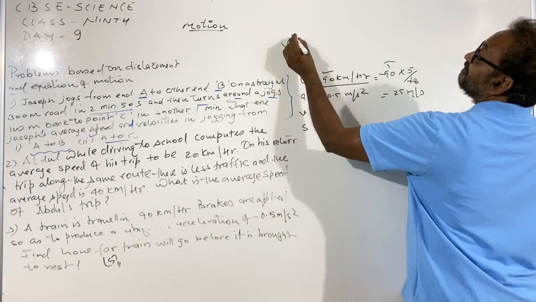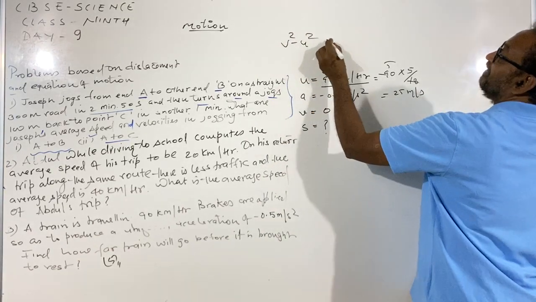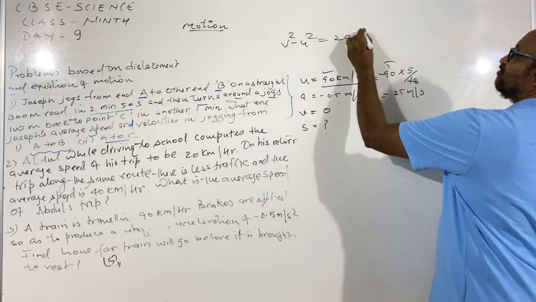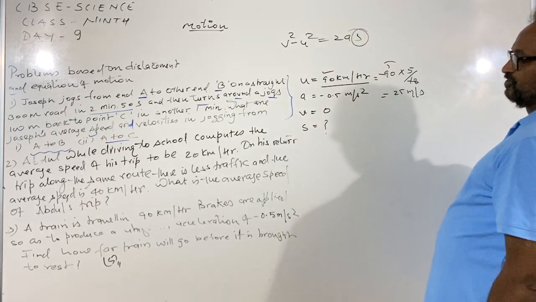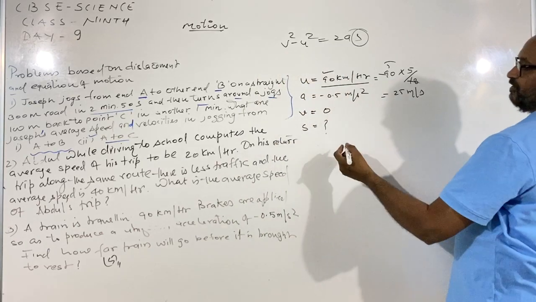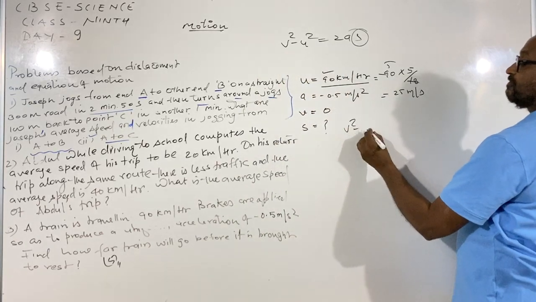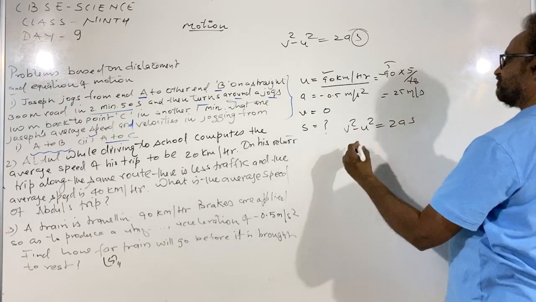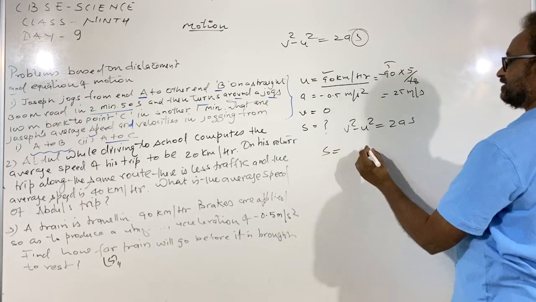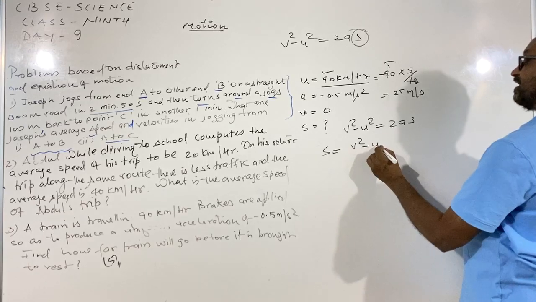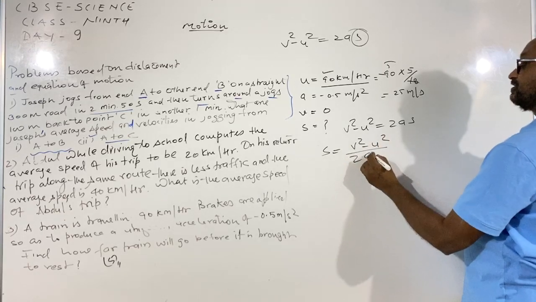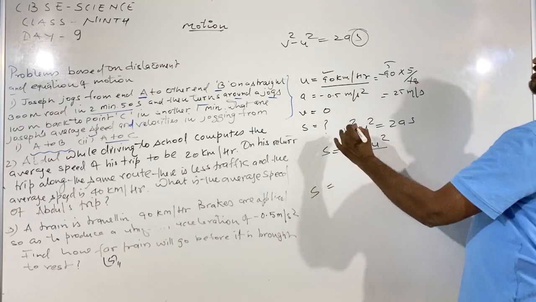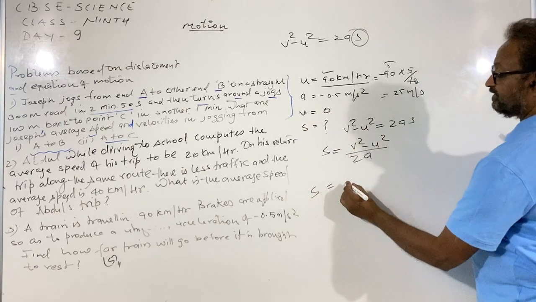V square minus u square is equal to 2as. S has to be calculated. So substituting the values, or simplifying it we have, s is equal to v square minus u square over 2a.